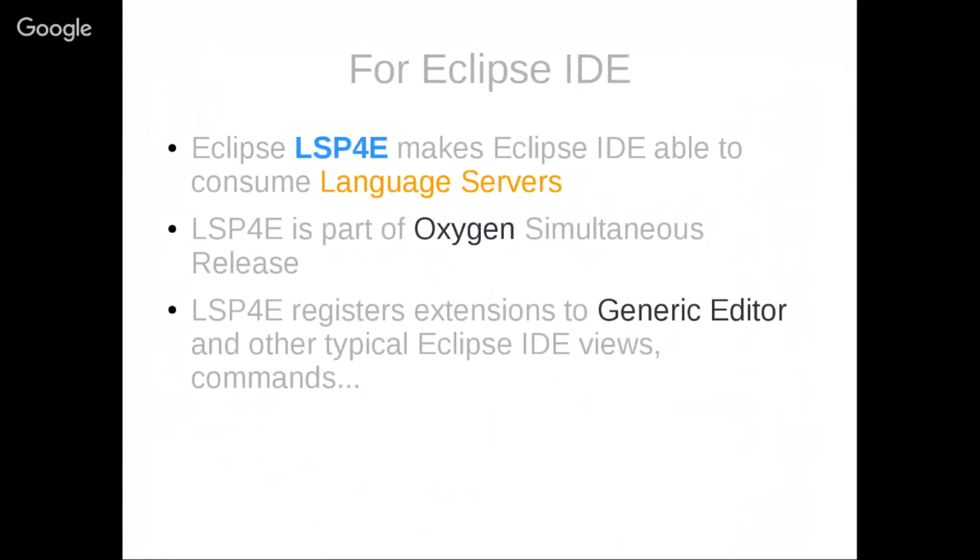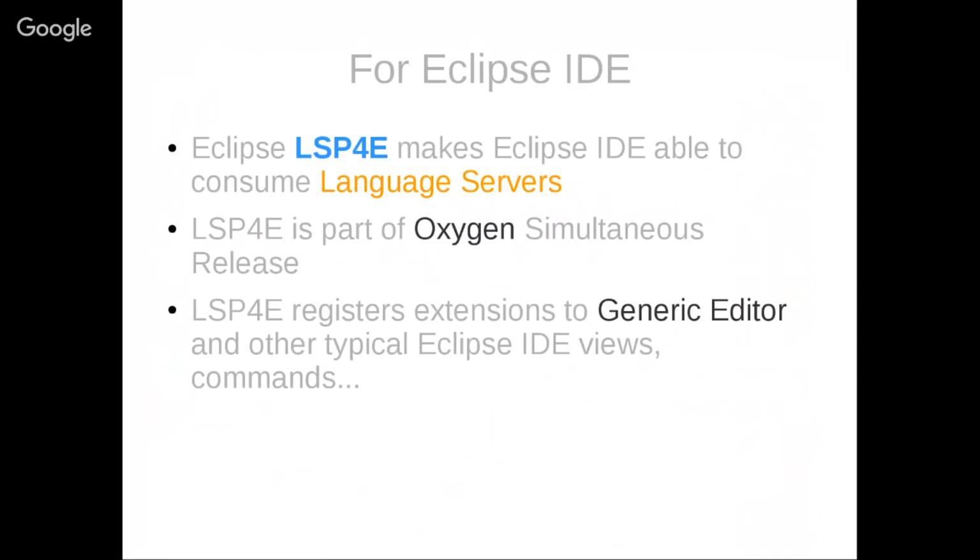In the Eclipse IDE, more particularly, the project that binds Eclipse IDE with language servers is called LSP4E. So it makes Eclipse IDE able to consume language servers. And it is part of the Oxygen simultaneous release we are celebrating today. It is based on extensions to the generic editors that Sopot just presented.